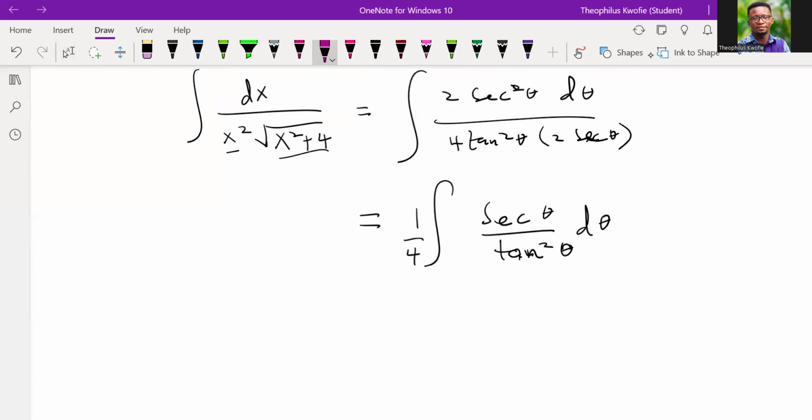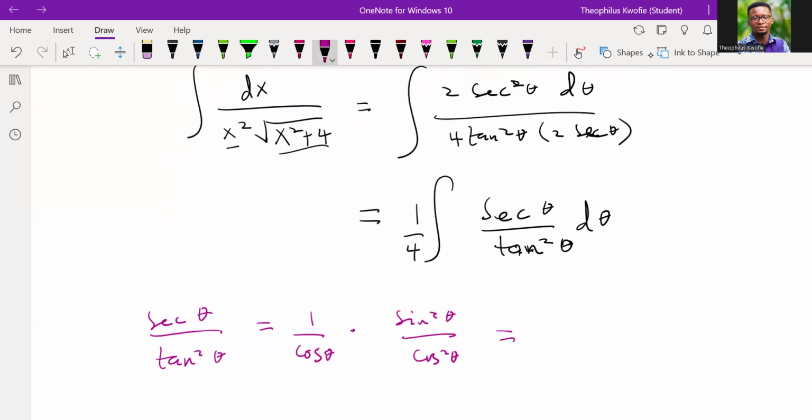We know that sec theta over tan squared theta: sec is the same as 1 over cosine theta, and tan squared should be the same as sine squared theta over cosine squared theta.